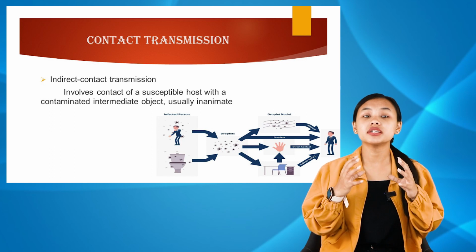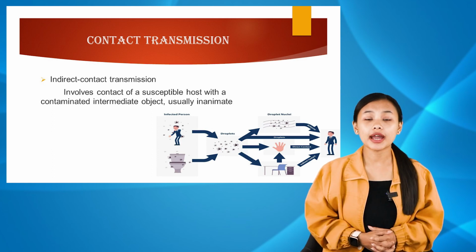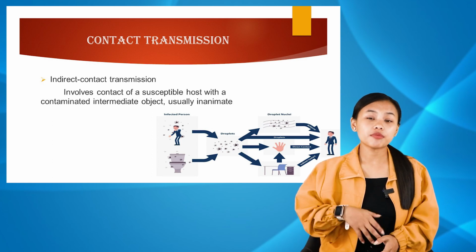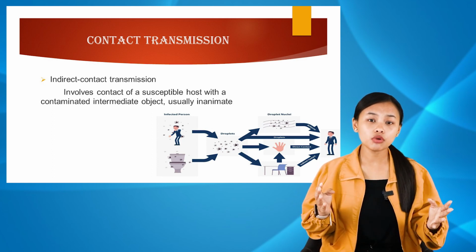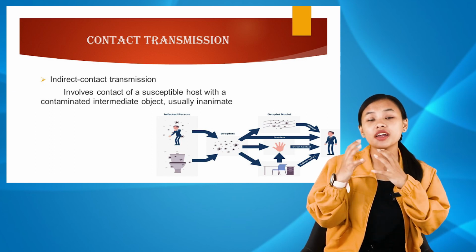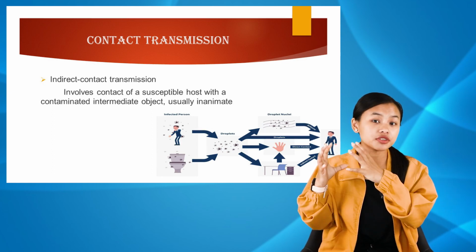So here in this indirect contact transmission, the microorganism can spread from the infected person to the susceptible host through the use of various objects which were used by that particular infected person.